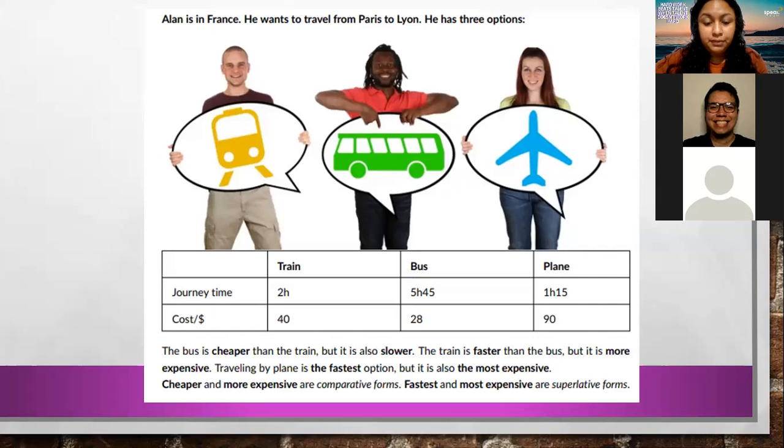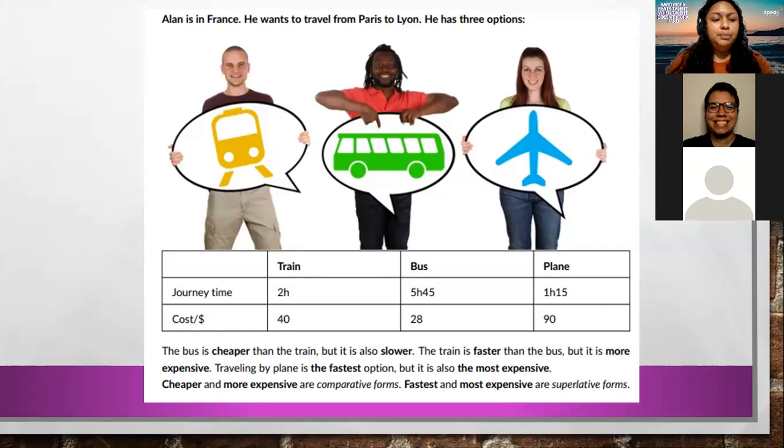Because we're going to review comparatives and superlatives when we are comparing two products and when we are talking about many products with similar characteristics and we want to focus on only one, right?